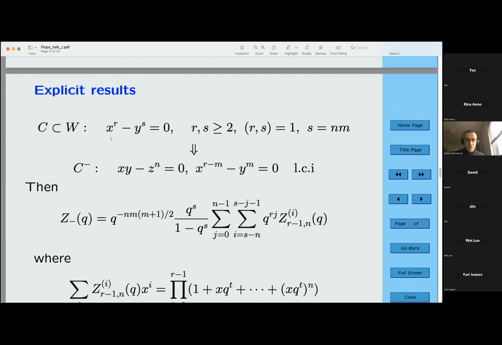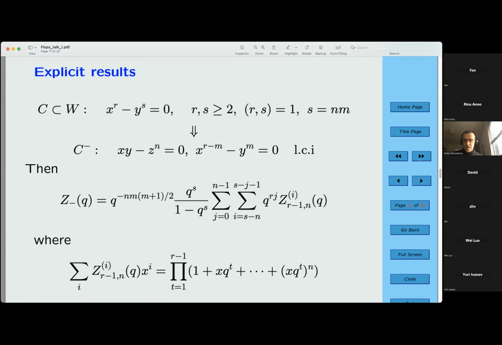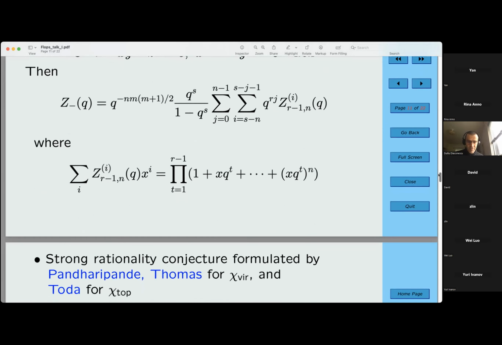The problem is, if you try such a brute force approach for C minus, you end up with a very complicated combinatorial problem to classify the fixed points, and it's basically intractable. So this theorem, from a combinatorial point of view in this particular case, makes that problem tractable by moving to the plus side. And on the plus side, you can actually sum the series explicitly.